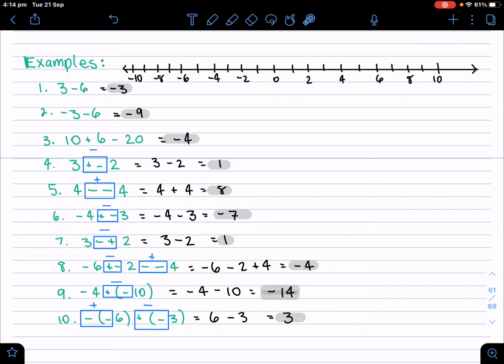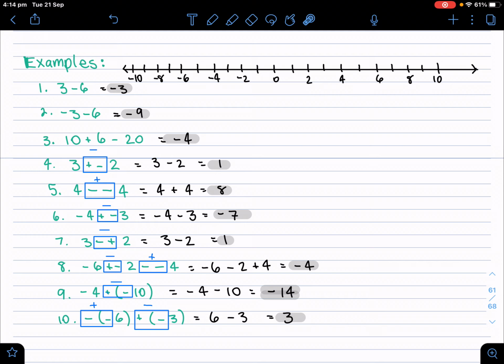Let's keep going. Example 6 has a plus and a minus, and those symbols are right next to each other and they're different. That means they equate to a negative. So this is the same as minus 4 minus 3. Minus 4 minus another 3 is minus 7. You're starting to get the hang of it.